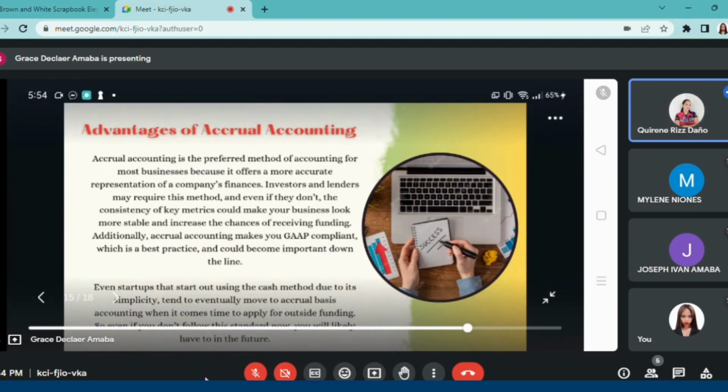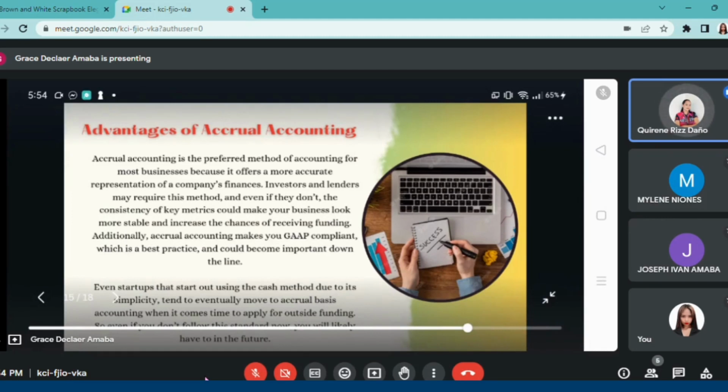So, accrual accounting offers several advantages over cash basis accounting. Firstly, it provides a more accurate depiction of a company's financial performance and position by matching revenues with the expenses they generate. This enables better decision making and assessment of profitability.